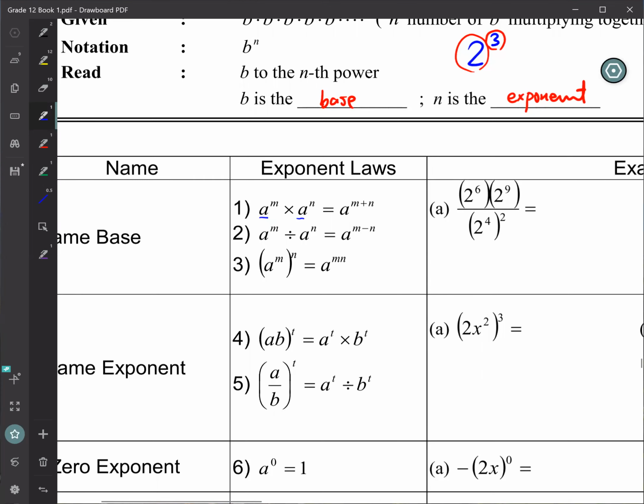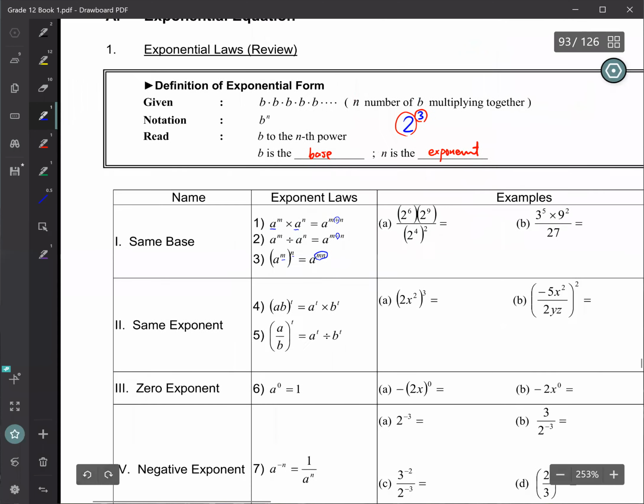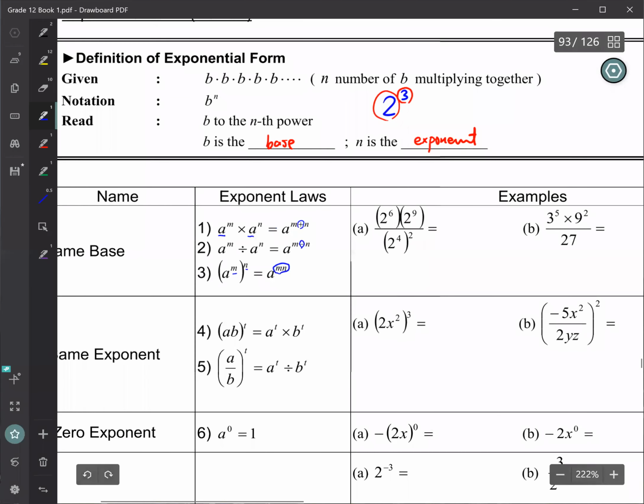When dividing the same base, you subtract the exponents. And when you have exponents next to each other, like 2 to the third power and then to the second power, power to power, you multiply the exponents. So these ones shouldn't be a stranger to you, right? I'd like you to simplify question A, okay? When you get the answer, please raise your hand.